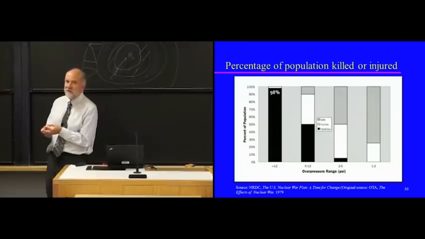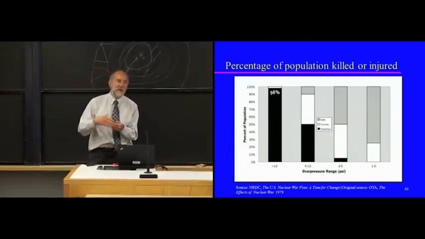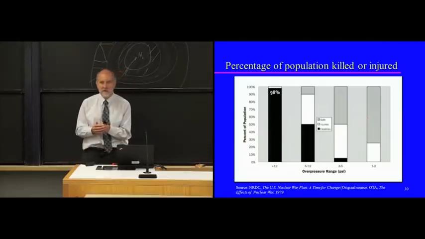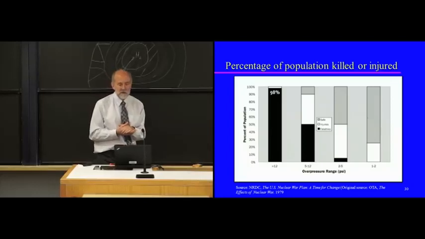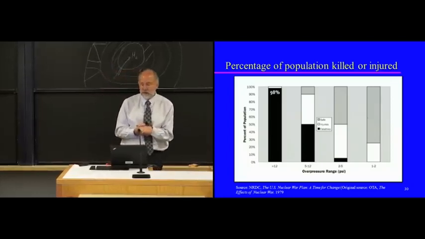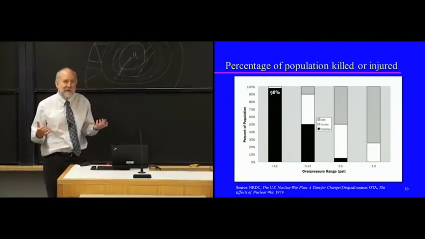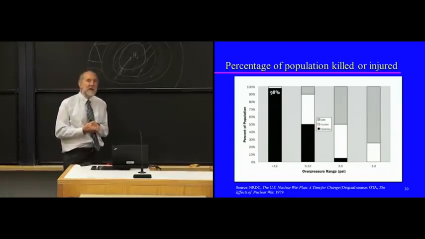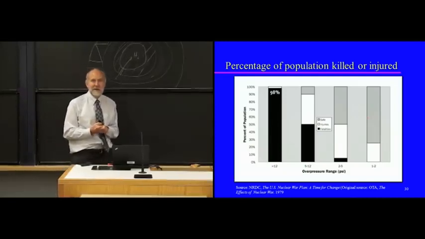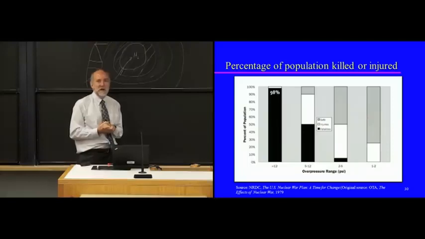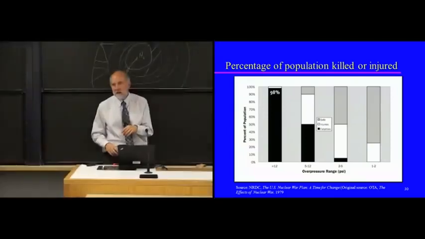From the prompt radiation, we're talking about radiation sickness that might take you a couple of weeks to kill you, that is, if the dose is big enough to kill you. So we're talking about, in the case of both Hiroshima and Nagasaki, tens of thousands of people being really horribly killed, and tens of thousands more being really terribly, terribly injured.